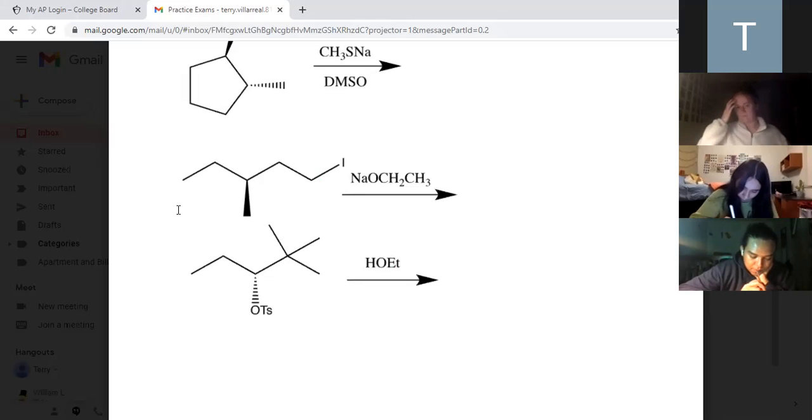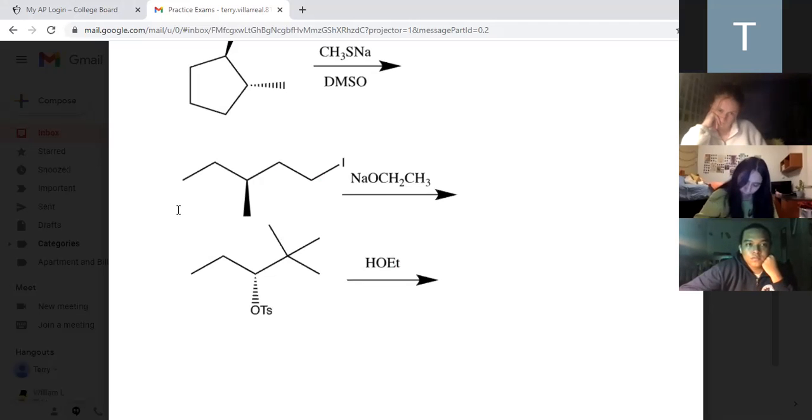Remember, think about what type of carbon it's attached to. Think about the reagent. See if there's anything else after that. So go through the carbon substitution, then think about the reagent. And if you get stuck there, then look if there's anything else that can help you make a prediction.